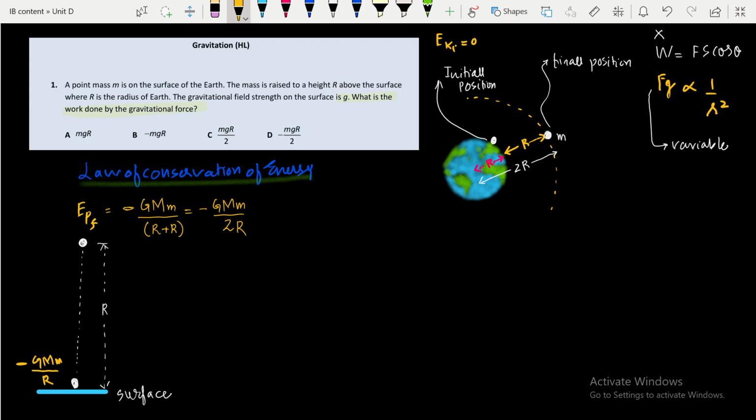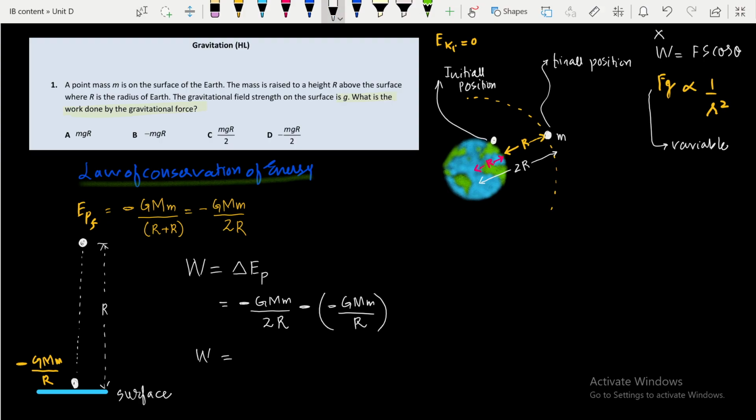If you take the difference of these two energies, that will be equal to the work done, because we know that the work done is equal to the change of energy, specifically the change of potential energy for this question. So that is the final energy minus the initial energy.